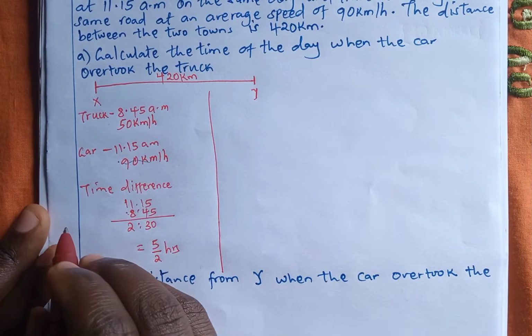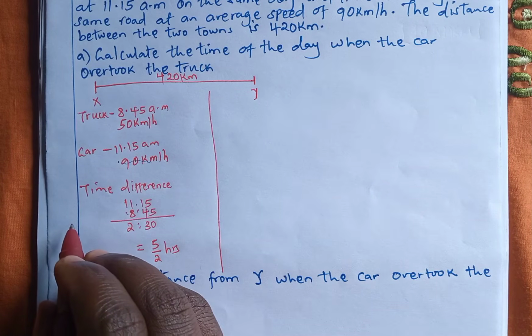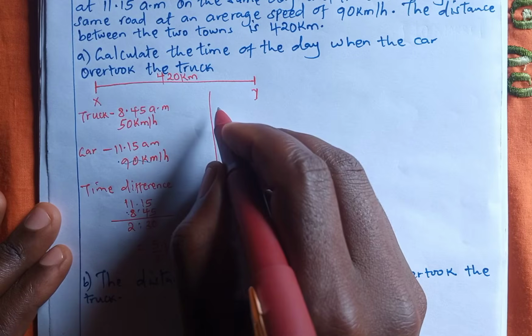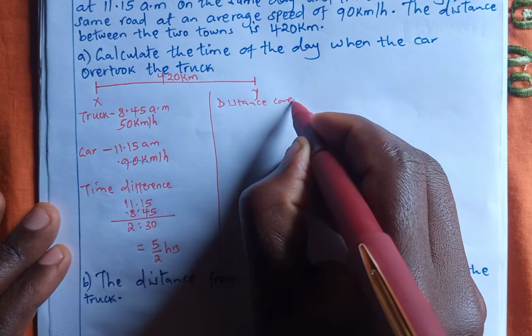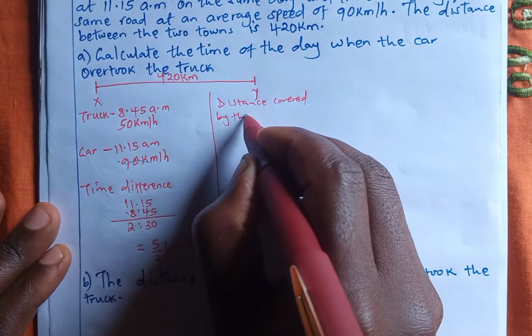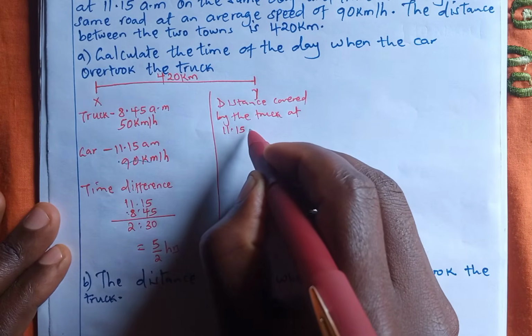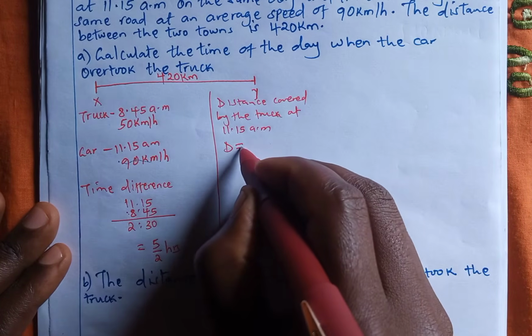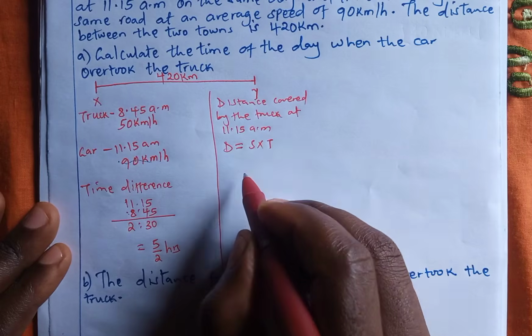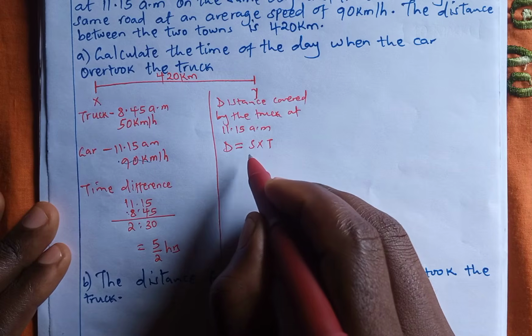Now let us continue. The next thing that we are going to do is to find the distance covered by the truck at 11:15 a.m. So for us to get distance, we need to remember that distance is speed times time. We know the speed of the truck is 50 kilometers per hour.